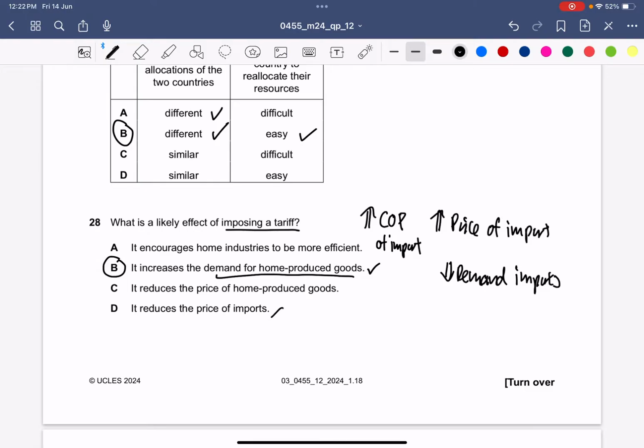This is definitely wrong. Reduce the price. No. Encourage home industry to be more efficient.